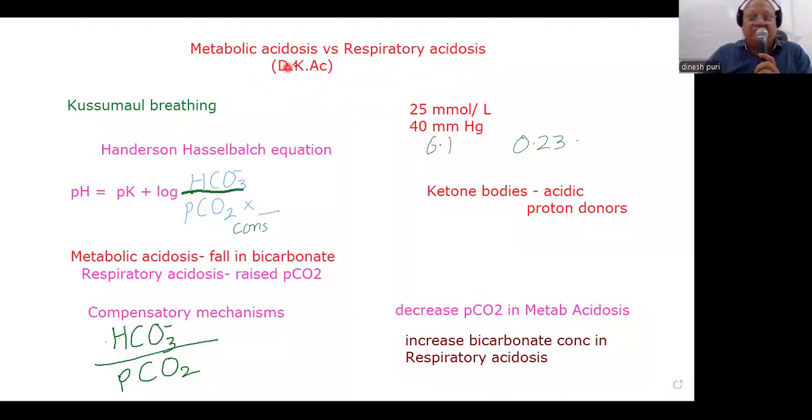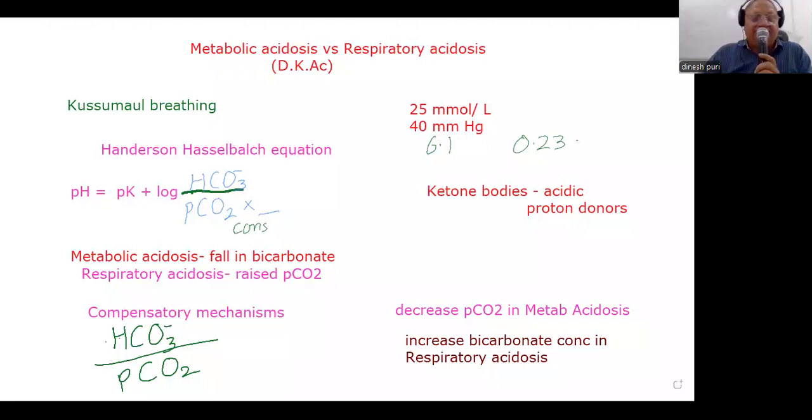It is a case of metabolic acidosis. So with the help of this condition, diabetic ketoacidosis, we would try to discriminate between metabolic acidosis and respiratory acidosis.